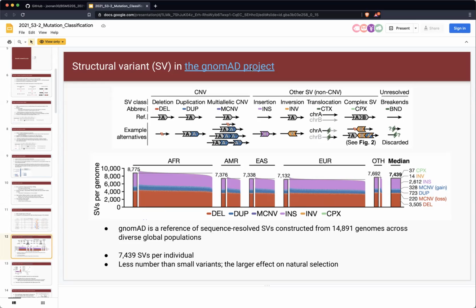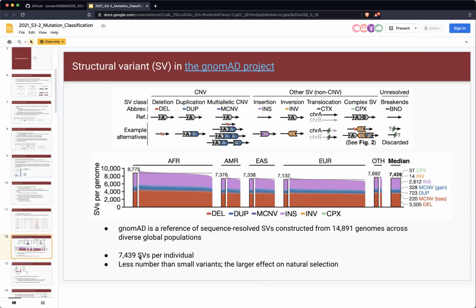If you look at the gnomAD project, we now know that there are 7,400 structural variations per individual. So we can say that around 70 to 80 structural variations we can find in one person's genome, right?